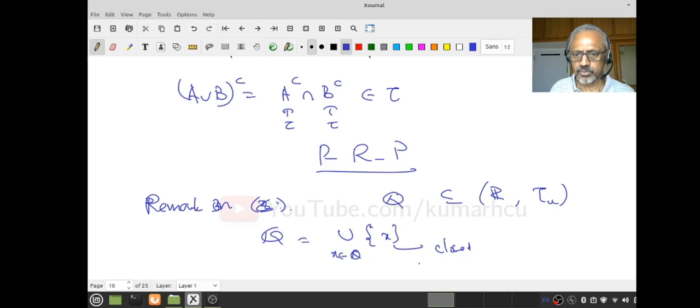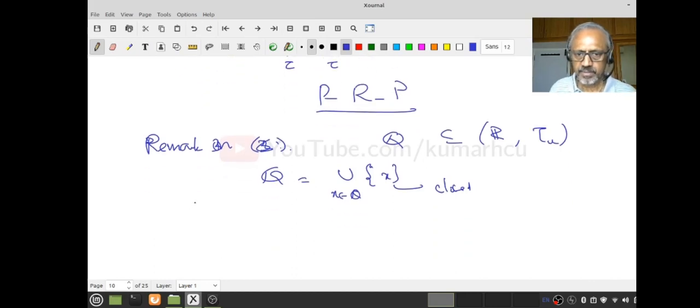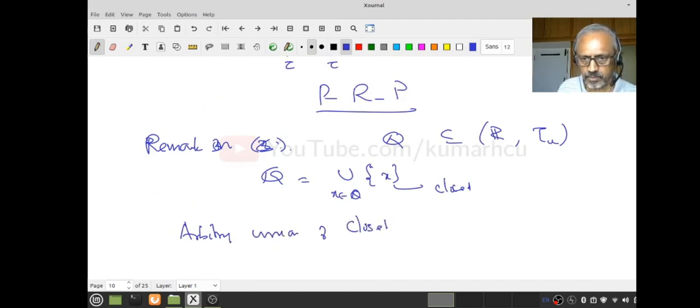Therefore Q is an arbitrary union of closed sets, in fact a countable union of closed sets. But what do we know about Q? Q is neither open nor closed. In particular, Q is not closed. Therefore 3 is not true in general for arbitrary unions. Do you follow that? Therefore an arbitrary union of closed sets need not be closed.